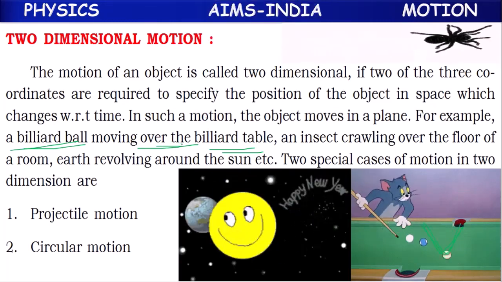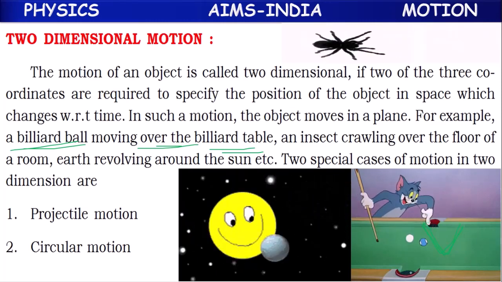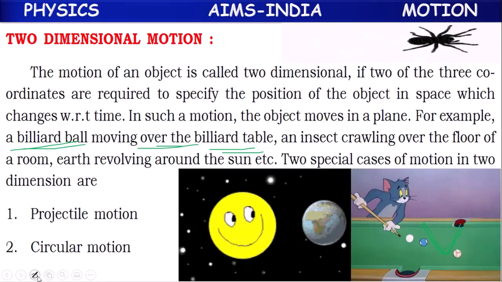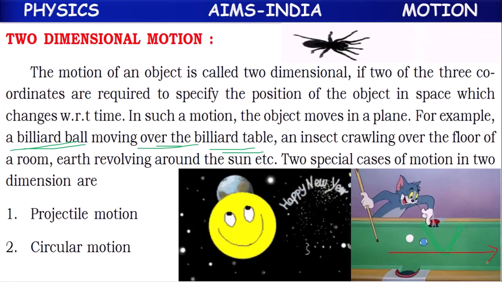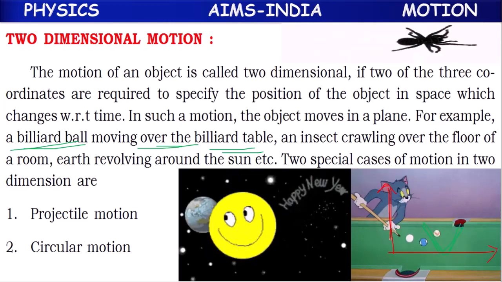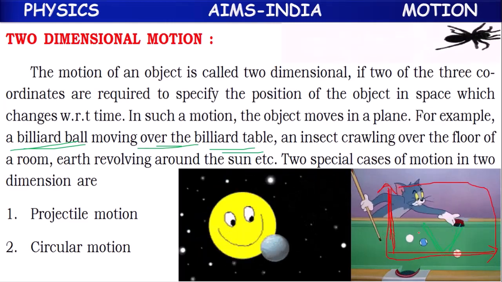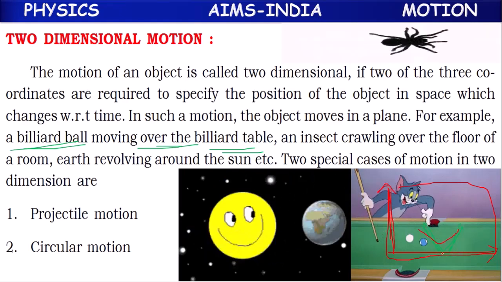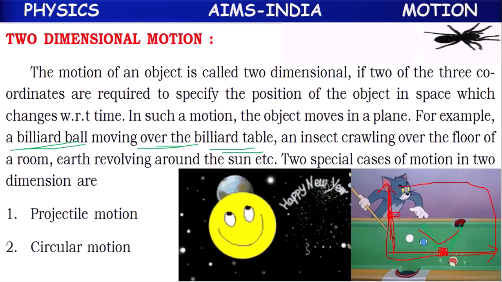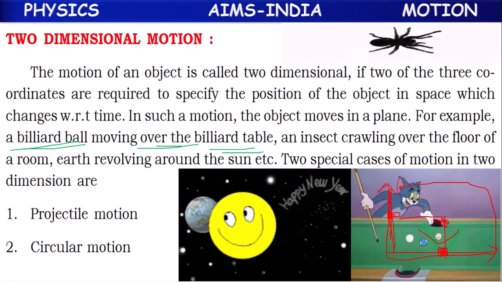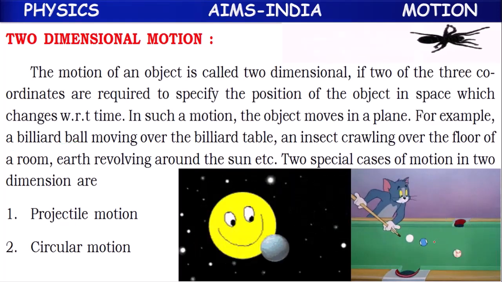If we take coordinate axes here, if this is the x-axis and this is the y-axis, the ball is moving in the xy plane. We need the x-axis value and the y-axis value to locate its position in space. So it's an example of two-dimensional motion. Next.